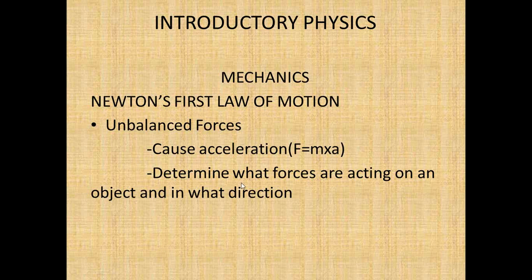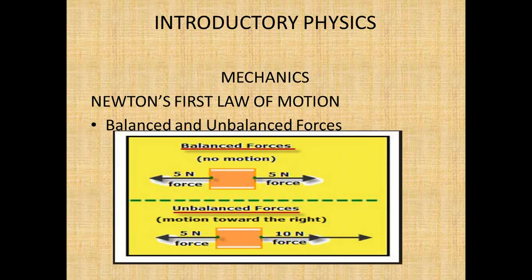So let's look at these scenarios. If you have 5 newtons of force pulling an object to the right and 5 newtons of force pulling an object to the left, these are balanced forces. So there's no motion, there's no net force, there's no unbalanced force. You need unbalanced force to give rise to acceleration.